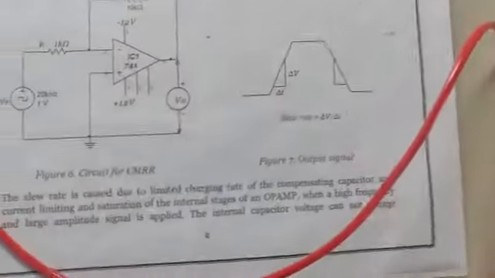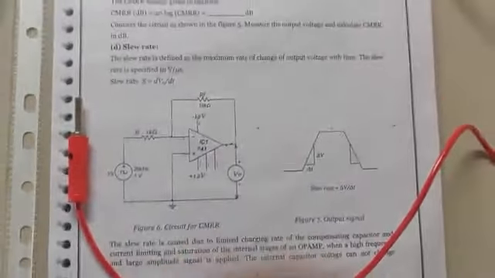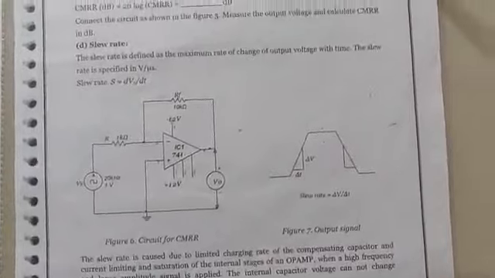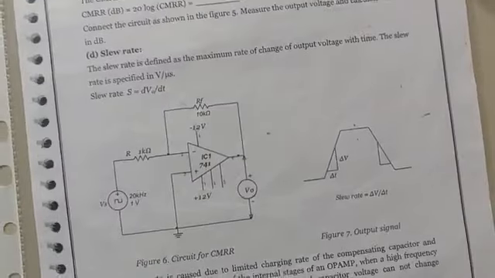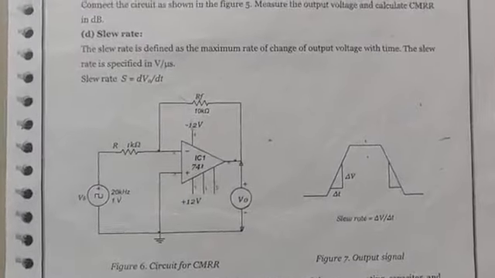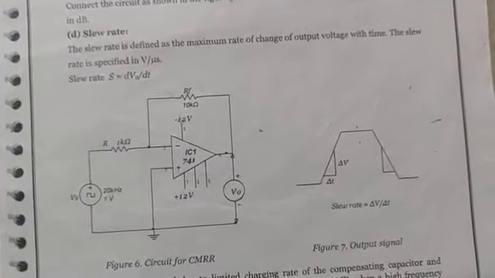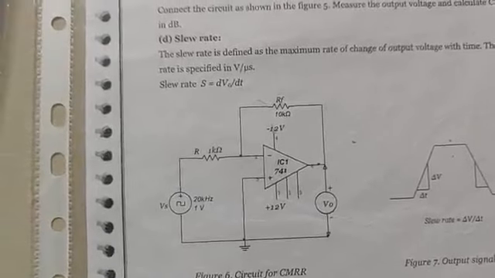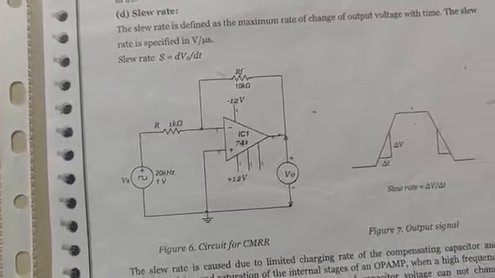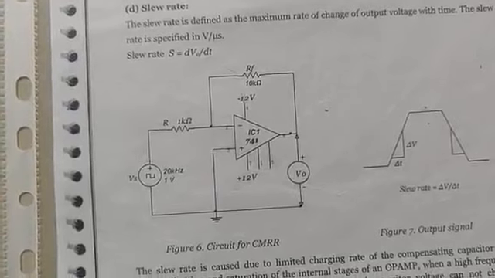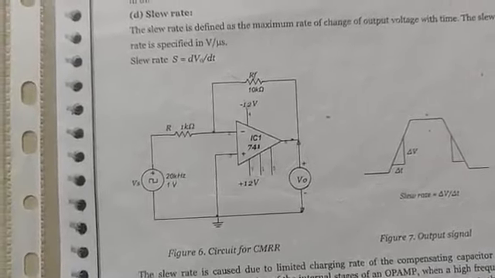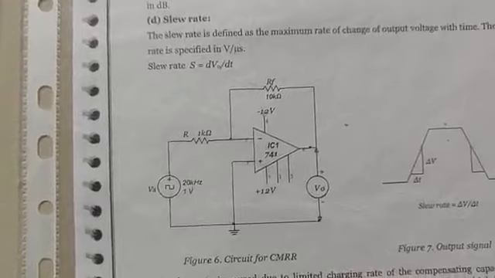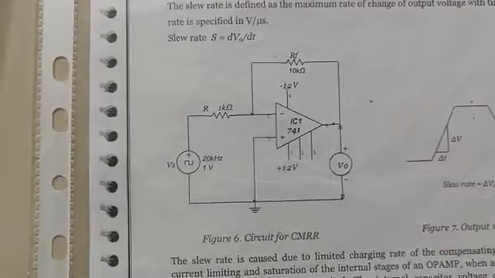Now, the fourth important thing is the slew rate that we want to study. How to find out slew rate? For that, you have to connect the circuitry like this. Pin number 3 is connected to the grounds. Pin number 2 is an inverting amplifier we are utilizing here. The input resistance is going to be 1K, and through 1K we are going to connect here the square wave generator. Remember, we are giving the square wave. You can see the symbol.